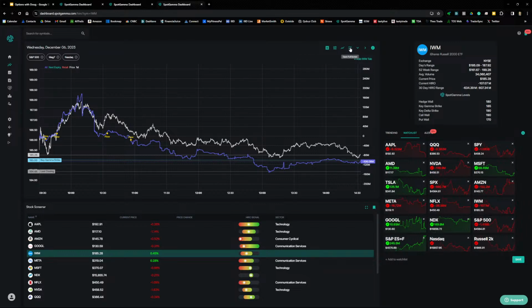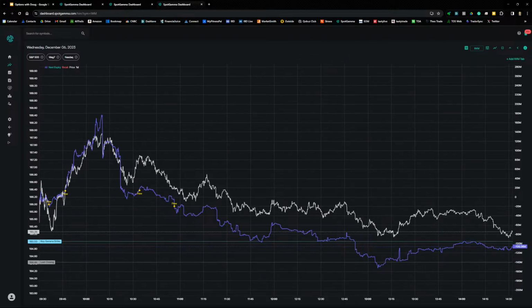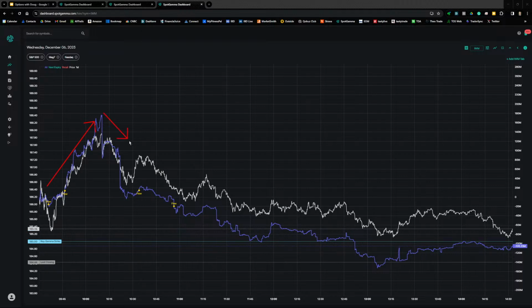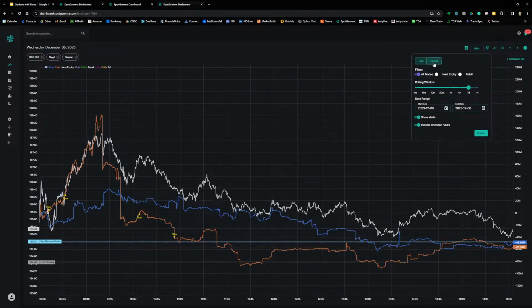All right, so negative. Sharp move higher in the morning. Options traders stop taking positive delta positions, start taking negative delta positions, and IWM moves lower. Let's see what they're doing. So in IWM, traders are currently selling calls.